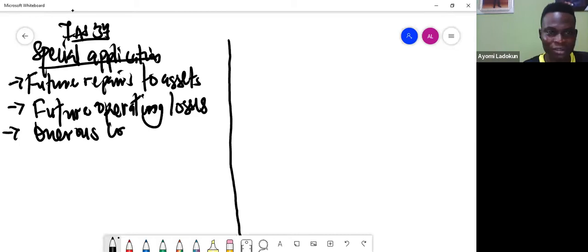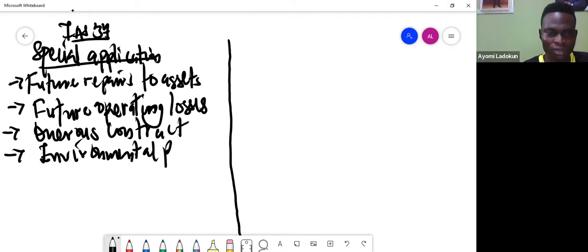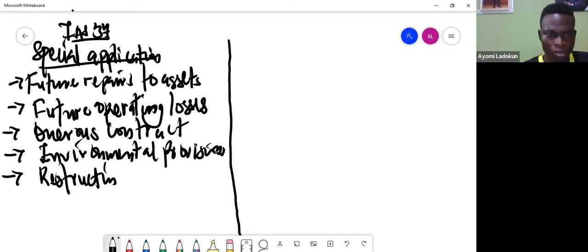In fact, onerous contracts was tested in corporate reporting last diet, but they've never tested it at this level. Then you have environmental provisions. It has never been tested at this level, or let me say I've never seen it, and I review past questions a lot. Then the last one is restructuring.